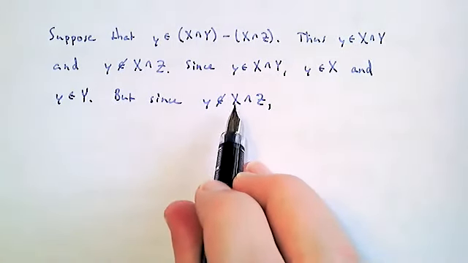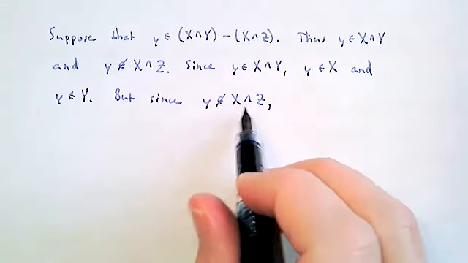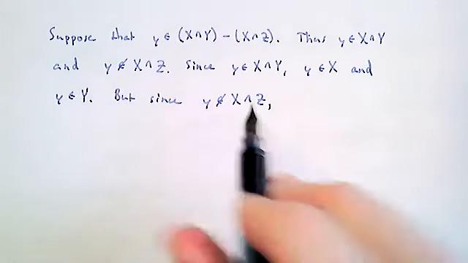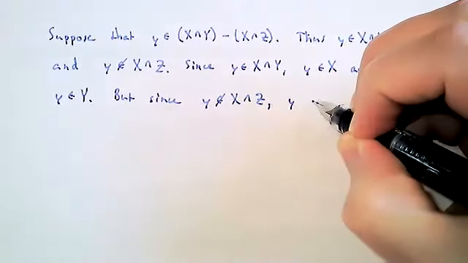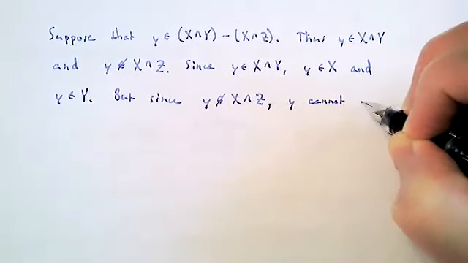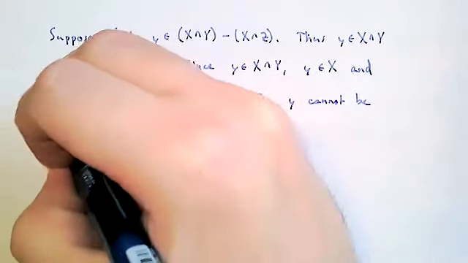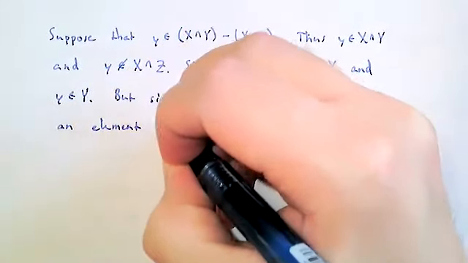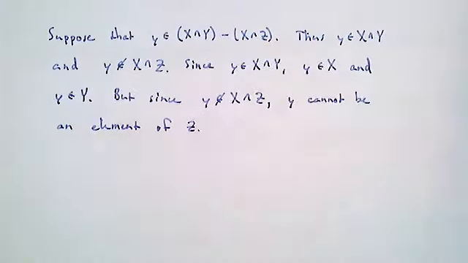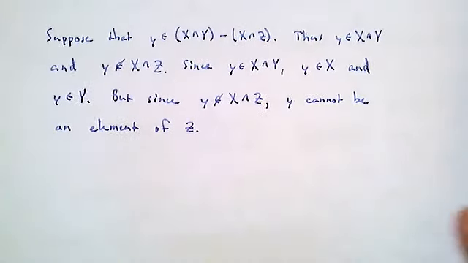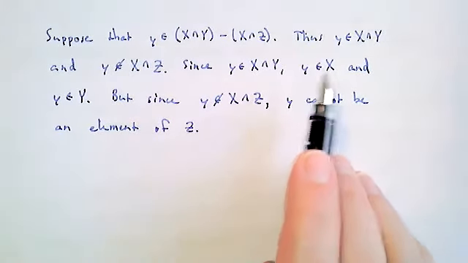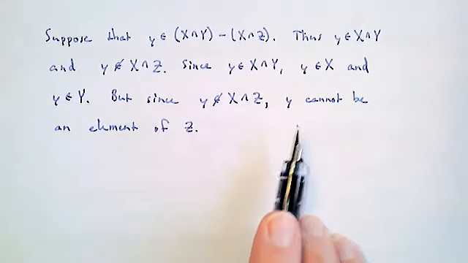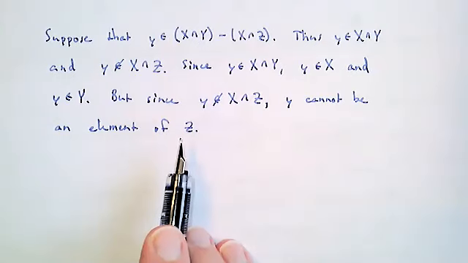So y is an element of X. So if it's not going to be in this intersection, that means it can't be an element of Z. Okay, so now we know three things. y is an element of X, y is an element of the set Y, and y is not an element of the set Z.